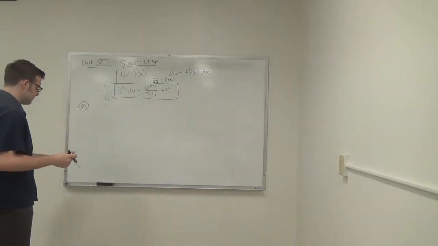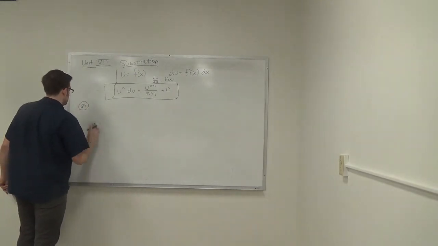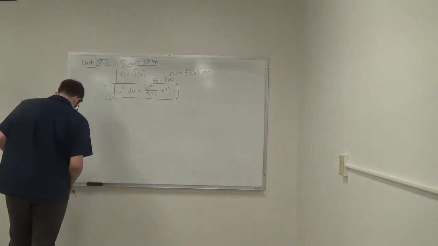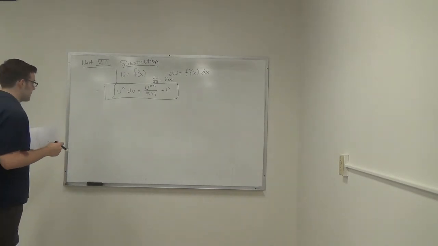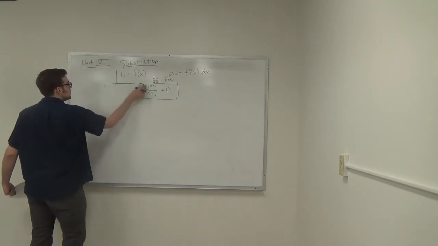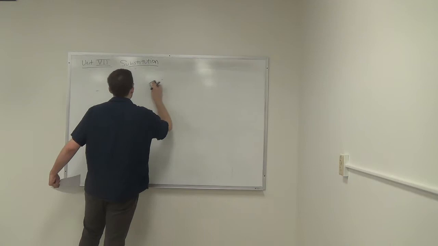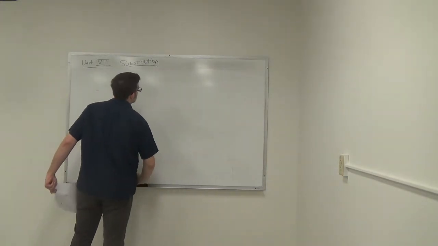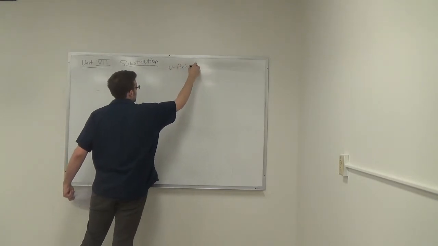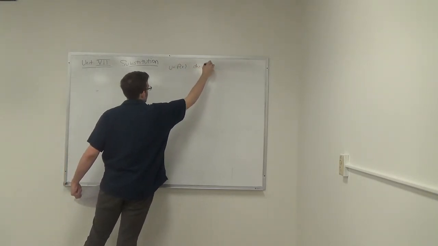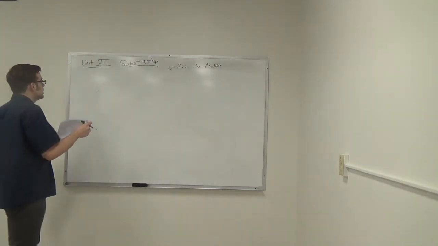Okay, so here's just a quick summary of integrals, and then we'll have one more example. So once again, we're just assuming that u is equal to f of x, and du is equal to f prime of x dx with these integrals.